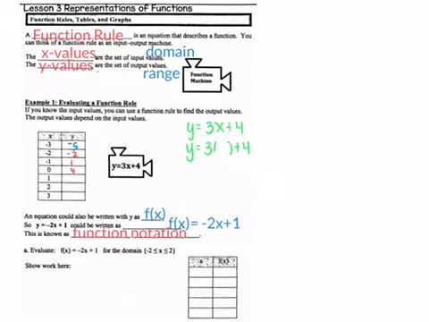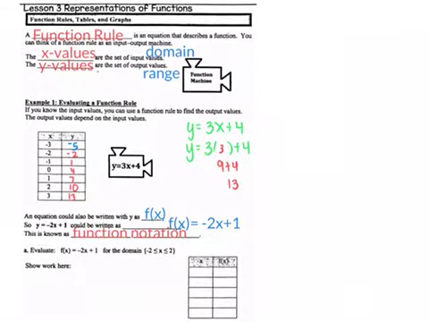When I try a 1 for x, I end up getting a 7 for my y value. When I try 2 for x, I get 10 for the y value. When I try 3 for x, I get 13 for the y value.